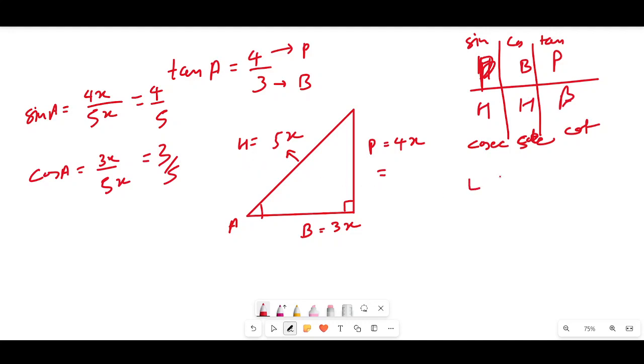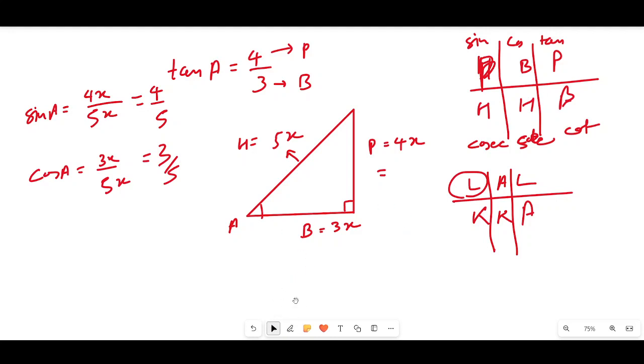Then we use the mnemonic Lal Pate Kakka: L means Lamb, the perpendicular, P; A means Aadhar, the base, B; and Karn means the hypotenuse. That is the symbol to learn. Clear?